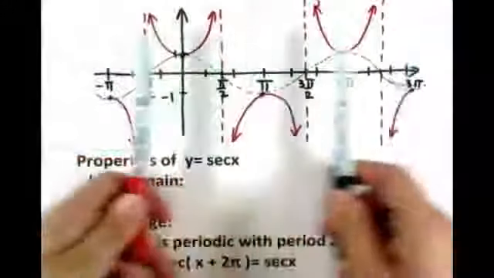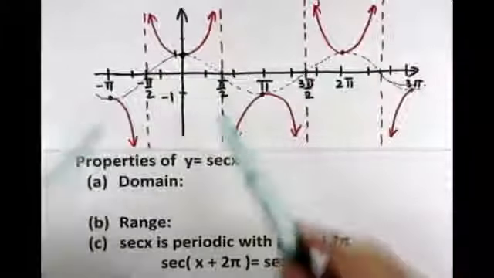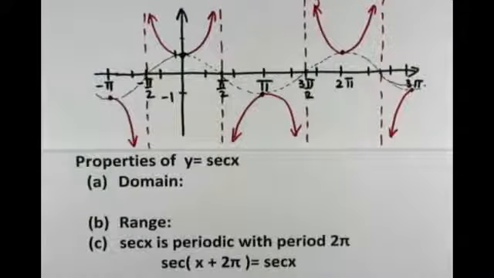So the function goes everywhere except those asymptotes, right? Asymptotes are at half pi, so that would be odd multiples.